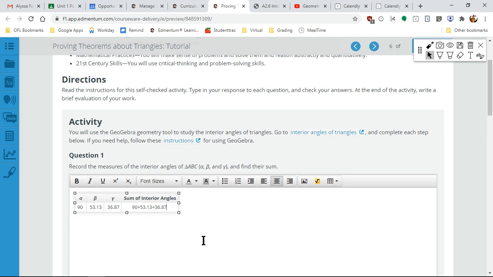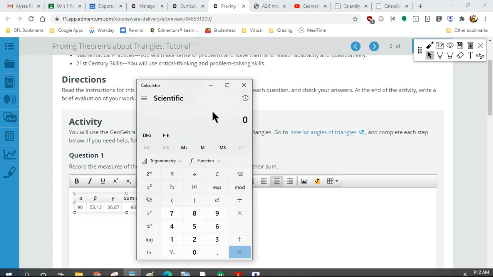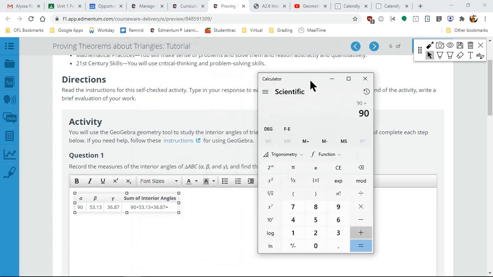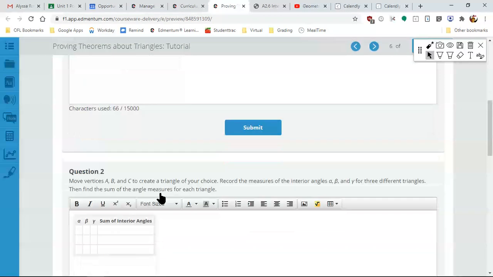I don't know where that 3 came from. We should find that they equal 180. Give me a second while I prove that. Unless GeoGebra's off, this should equal 180. Yep, 180. So that's all we do for that one.